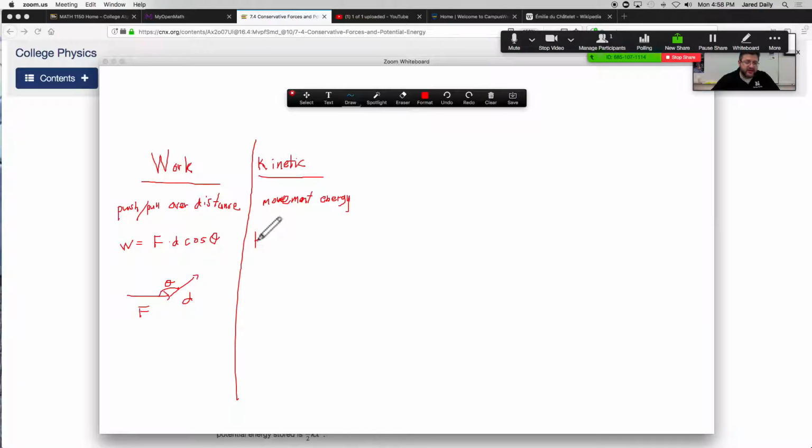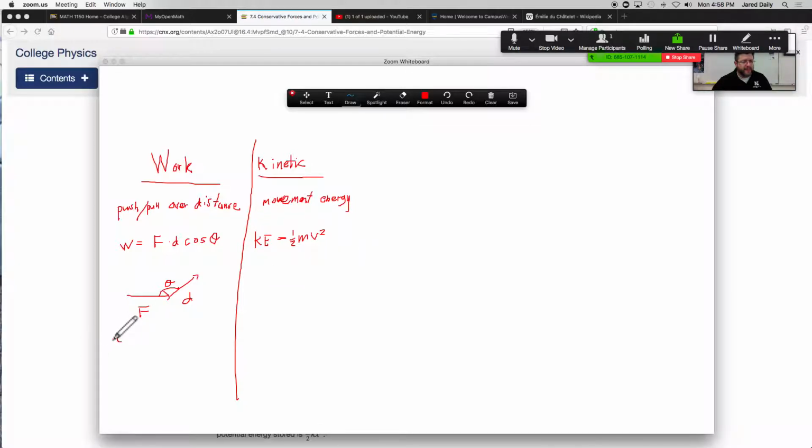And to calculate kinetic energy, from our friend Emily du Châtelet, it's 1/2 the mass times the velocity of the object squared. Notice that this one has this squared thing in it. Can kinetic energy ever be negative? Can you think of any numbers you could plug in here to make it negative?